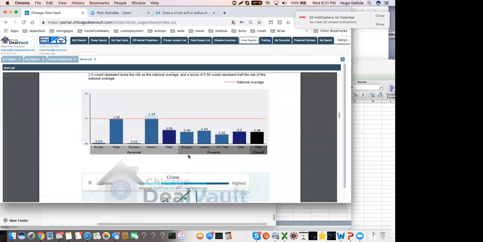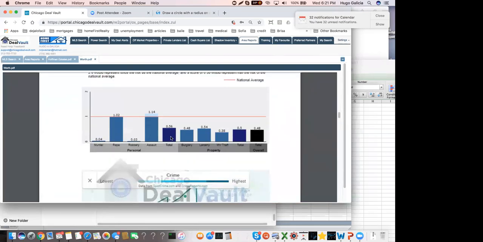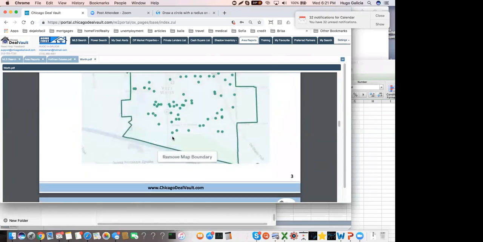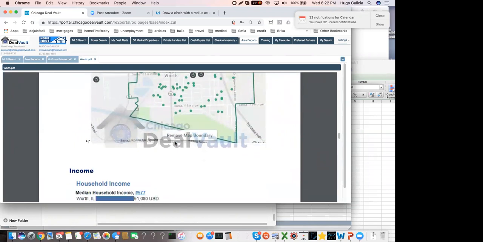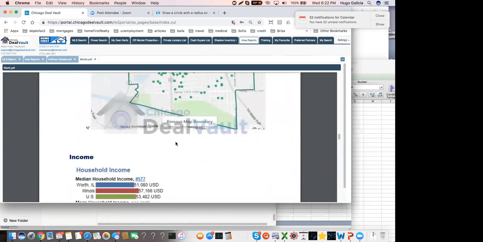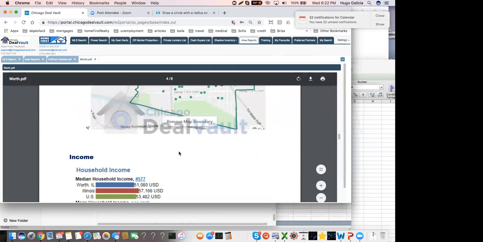So let's just quickly look at the numbers. So crime is just okay, below average. Schools, we're going to be looking at the schools. I'm going to show you an interactive map to look at the schools, and then we're going to be looking deeper into certain areas so that we can find the pockets, okay, the good pockets, the bad pockets within an area.